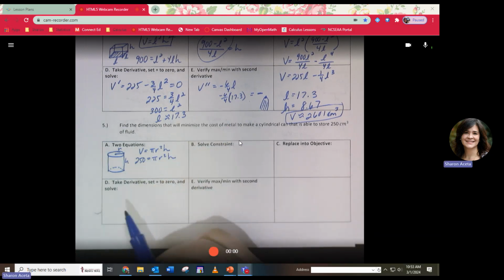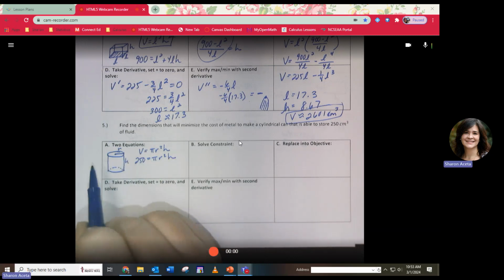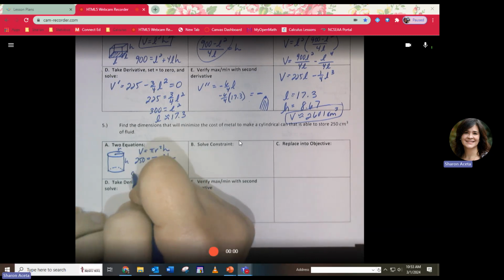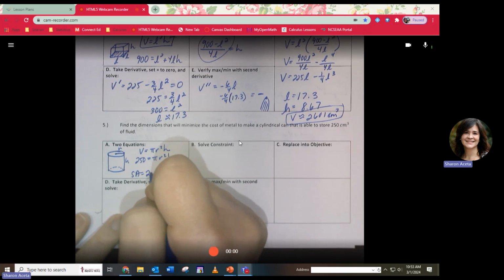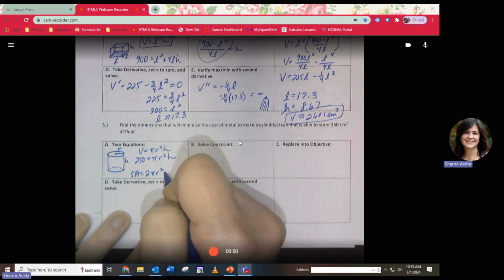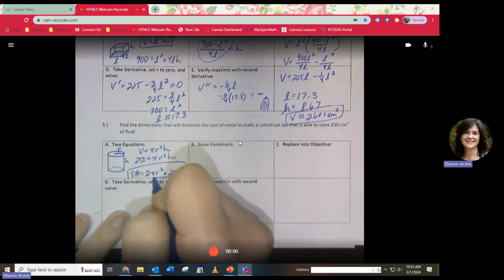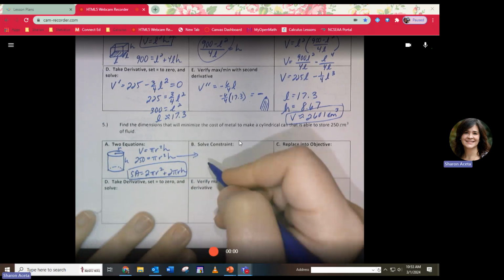So we need to find the cost of metal to make the outside of it, to make the wrapping around. That's surface area. So surface area for any cylinder is 2 pi r squared, that's the top and the bottom of the circle, plus 2 pi rh. So this is our objective function. This one, we're going to solve for h.